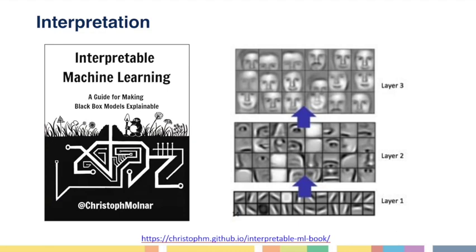So there are different specific methods to interpret it and not only say that it's a black box. It's possible to understand what's happening, but it requires specific methods to do so. So I'm going to leave this information and the links so that you can read this if you're interested.